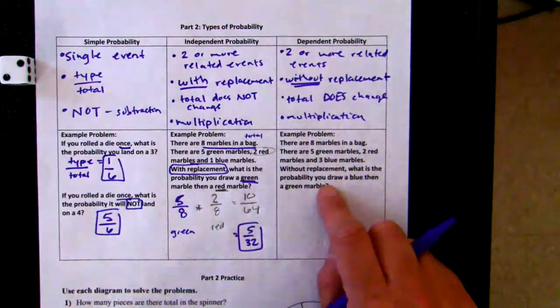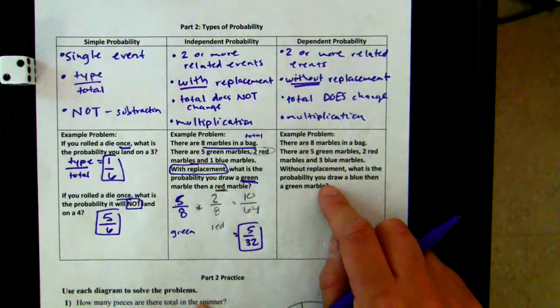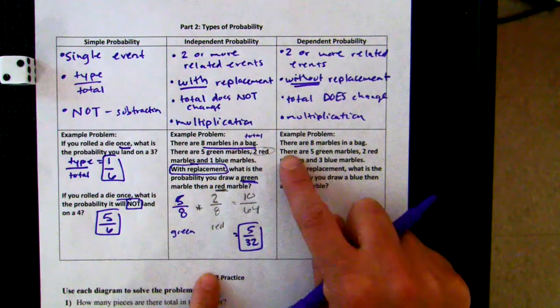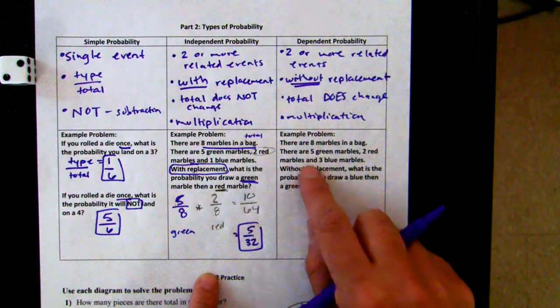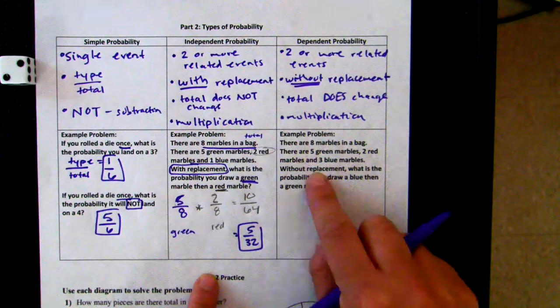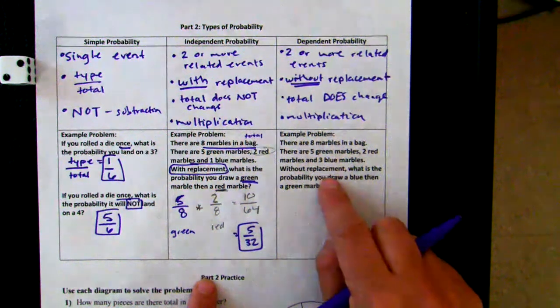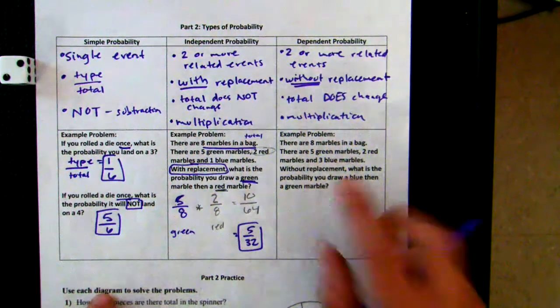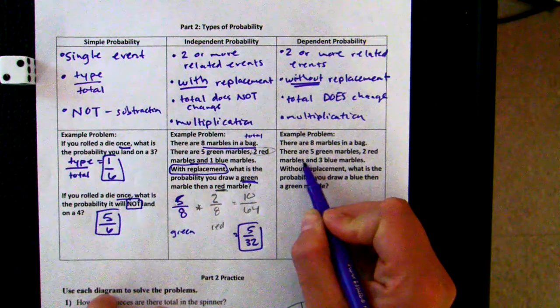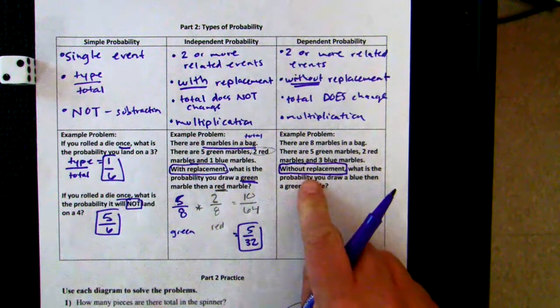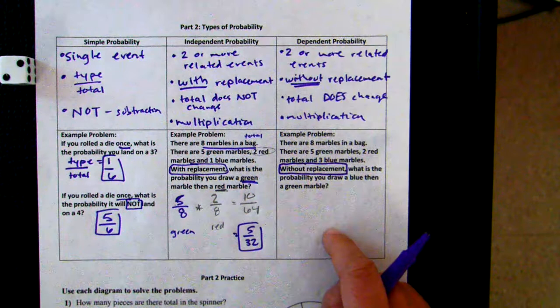Okay, let's look at this second problem. It's very, very similar, but with one key point here. There are 8 marbles in a bag. There are 5 green marbles, 2 red marbles, and 3 blue marbles. Without replacement, what is the probability you draw a blue and then a green marble? Key phrase here, without replacement. That means my total is going to change.